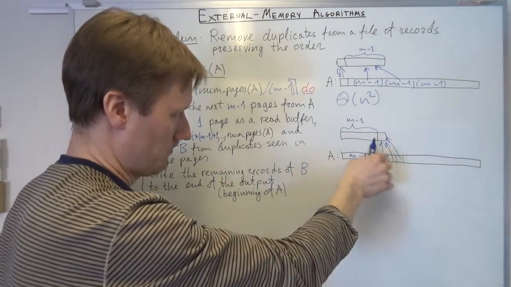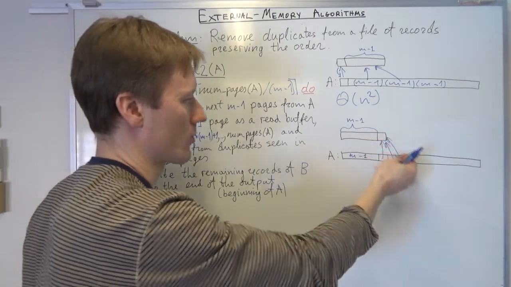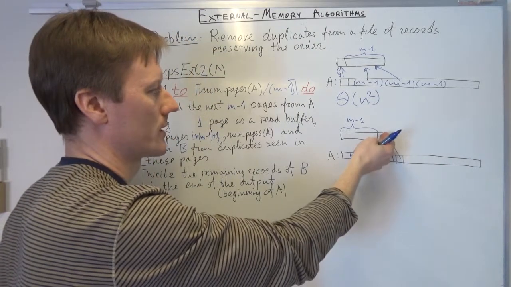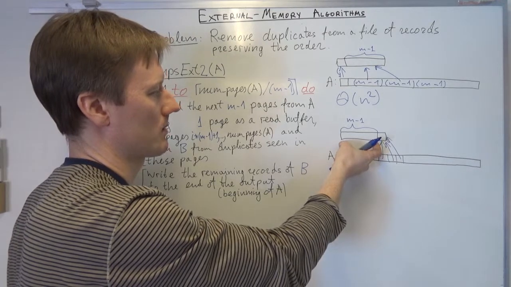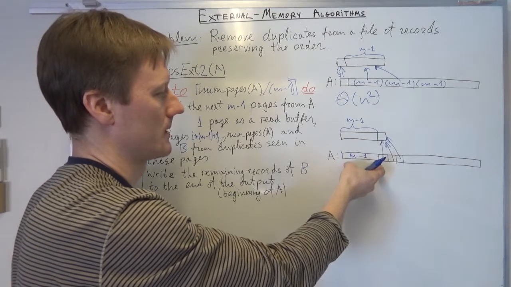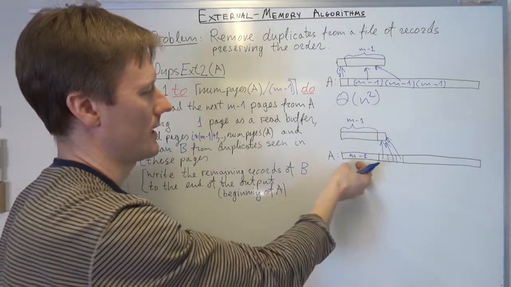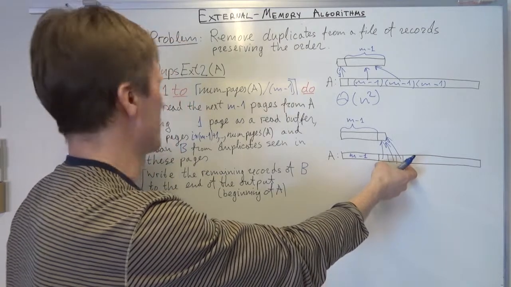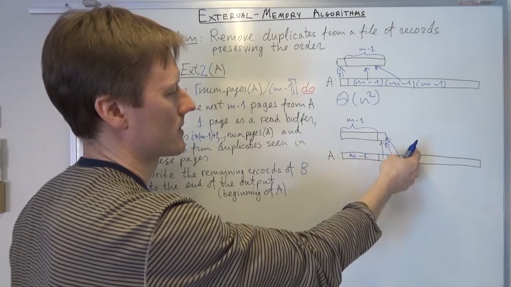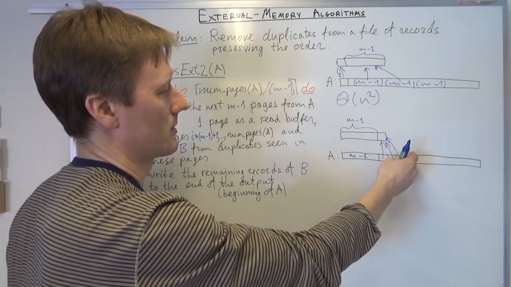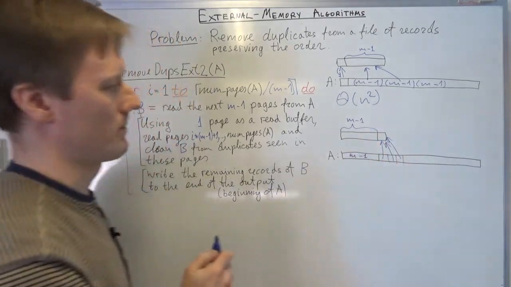So once I have read m-1 pages in memory and read the rest of the file through this one page read buffer, I have cleaned m-1 pages from any duplicates. Then I can output any remaining records to the output, which could be the beginning of the file A. And then of course I read the next m-1 pages in memory, again clean them from the duplicates appearing in the rest of the file by reading the rest of the file through this one page, and so on.